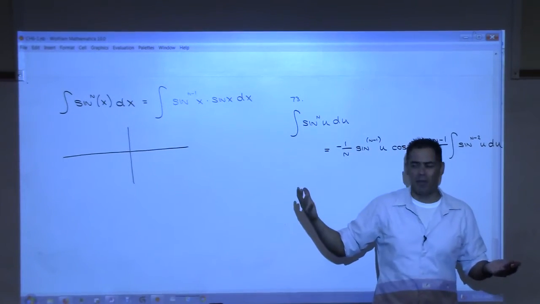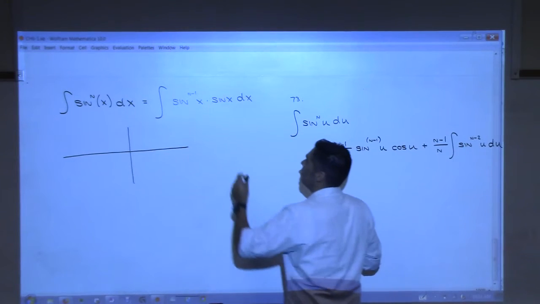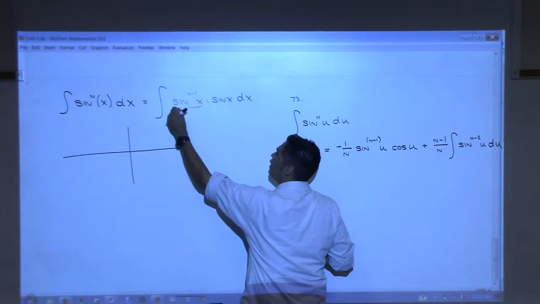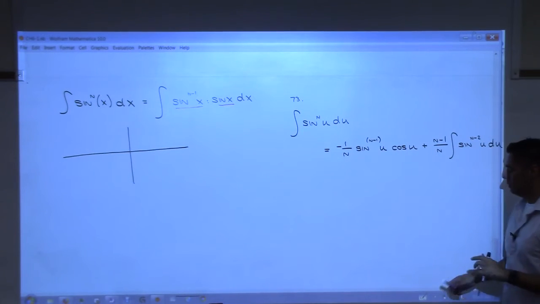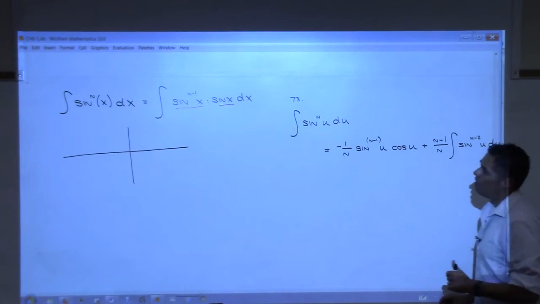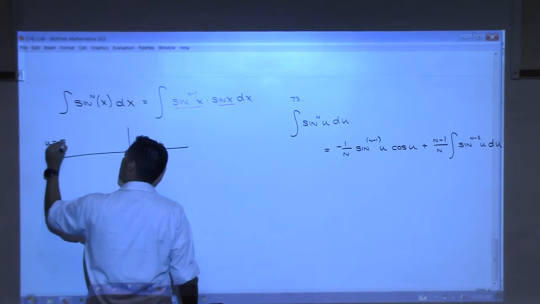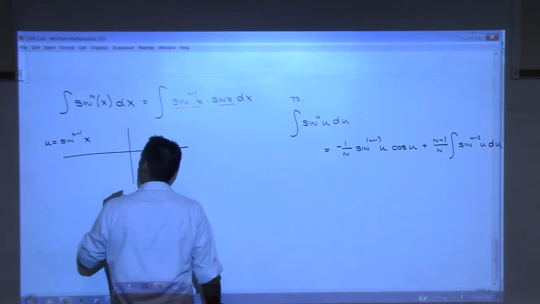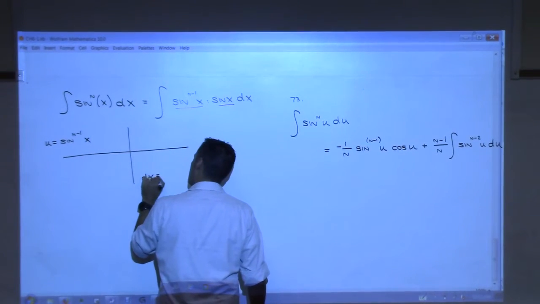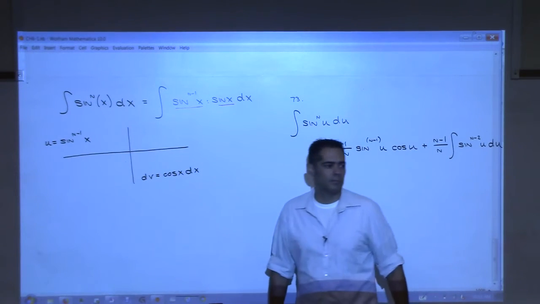Yes? Okay. Now if I do it that way, then I have a product and I can choose one of these to be u and one of these to be dv, right? Agreed? So I'm going to let u be equal to sine to the n minus 1 of x. And my dv, I'm going to let that be cosine x dx.